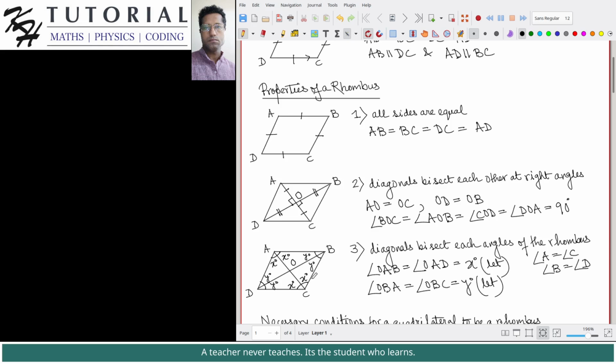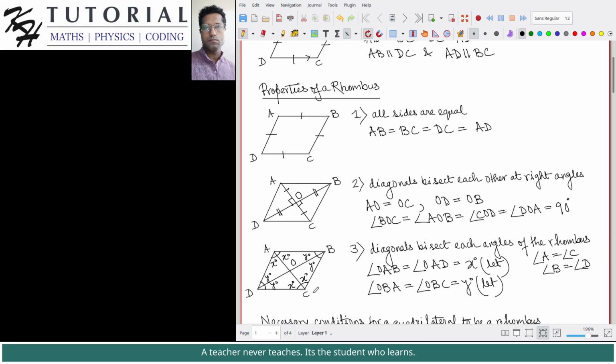Similarly, the bisecting angles at both the vertices A and C will be the same, which is x degree. Since angle A is equal to angle C, and the diagonal AC is bisecting the angle A into two x degree angles, the diagonal AC will also bisect the angle C, and each bisecting angle will also be x degree. I hope it is clear.